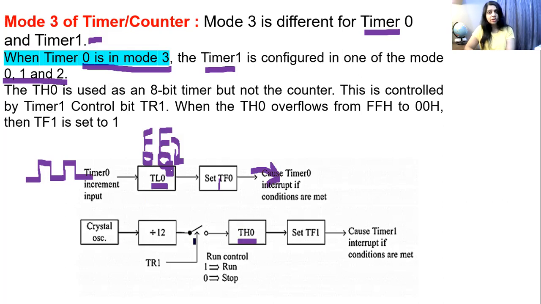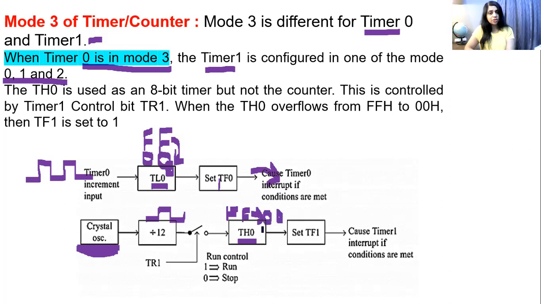Here to TH0 you can apply the internal clock frequency, that is, the source can be a crystal oscillator. Again, after every clock the operation is the same. After every clock pulse, TH0 will increment by 1, and at one point of time it will become FF. Then you apply one more clock cycle, there will be overflow, and after overflow it becomes 0, 0.